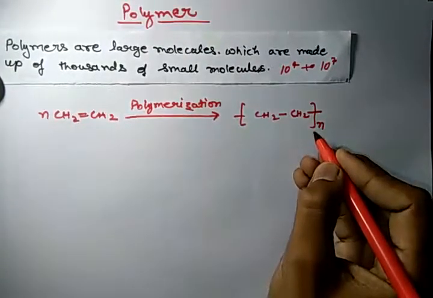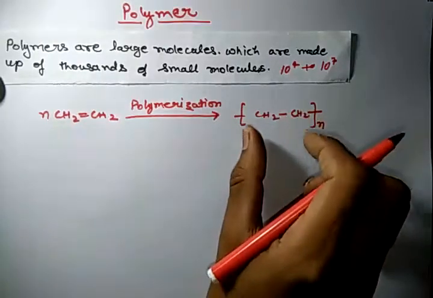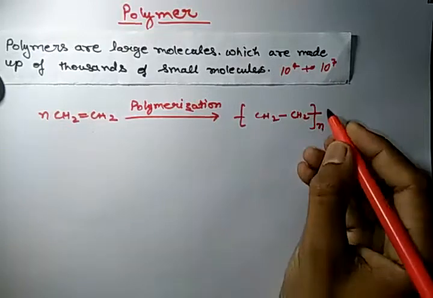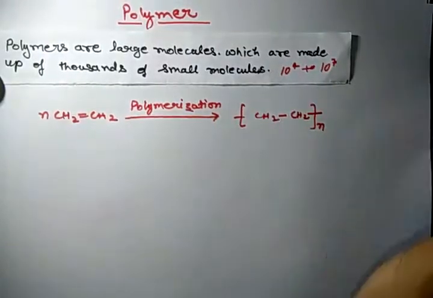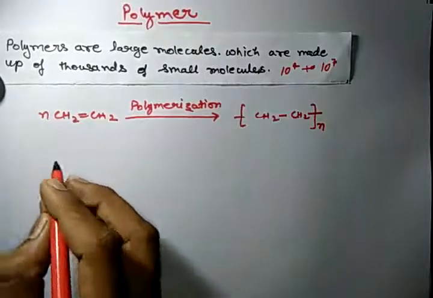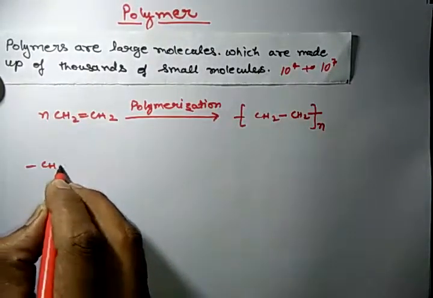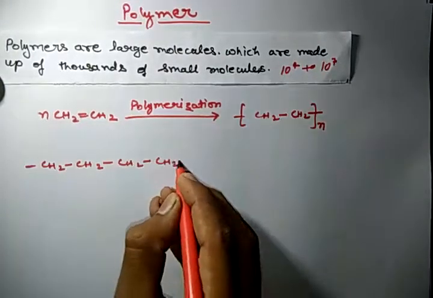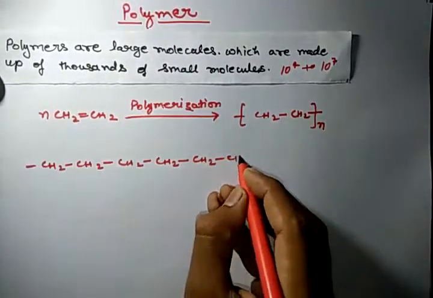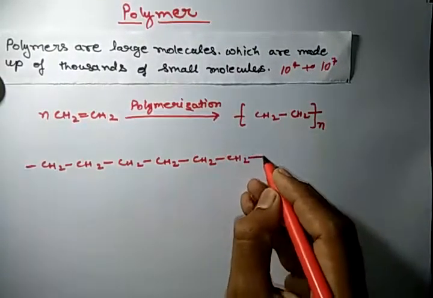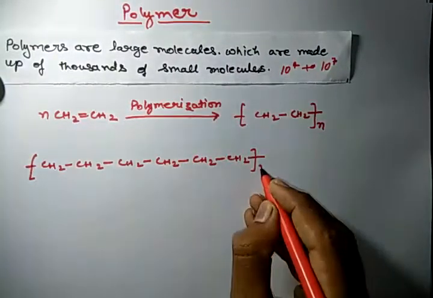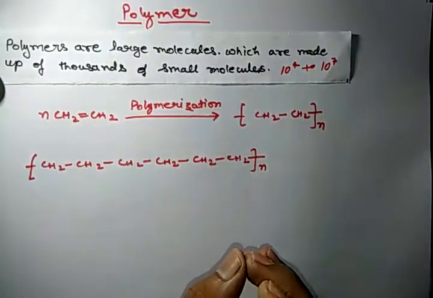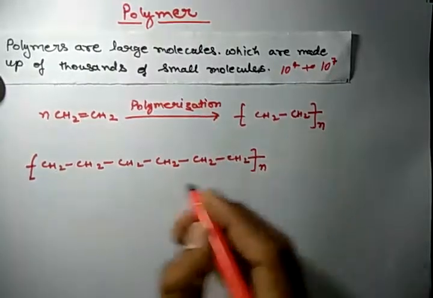The n molecules combine with each other, all the double bonds are broken and single bonds are formed. They combine one by one and a long chain is obtained like this. And so on, many molecules are attached to each other and a large molecule is obtained that is called polyethylene.